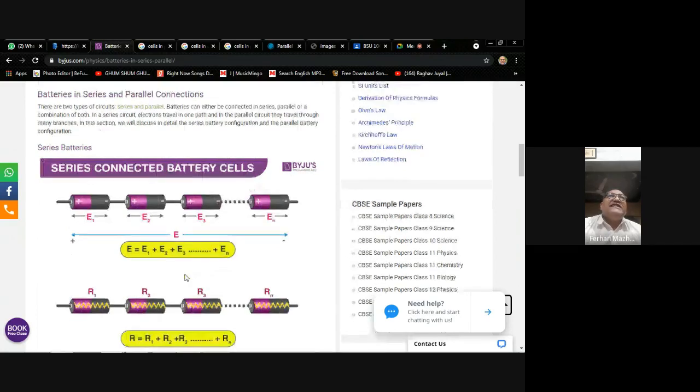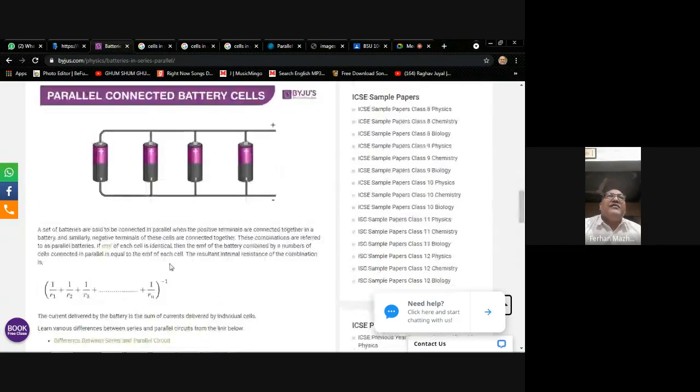Okay. Here you can see we have connected the cells in such a way that the positives of the cells are connected with each other, and the negatives of these cells are connected with each other. And then I have taken out the connection. This is called parallel. The batteries are connected in parallel to each other.